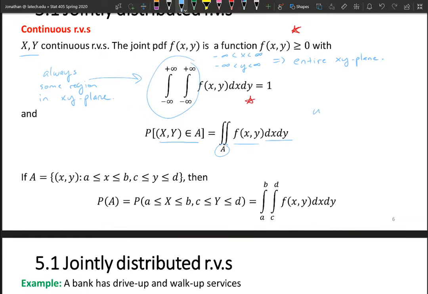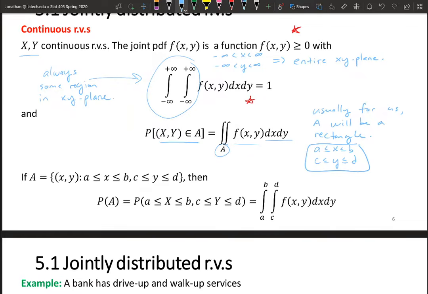So usually for us, A will be a rectangle, meaning x will be between two values, little a and little b, and y will be between two values, little c and little d. That's what it means to be a rectangle as far as bounds for this double integral go.